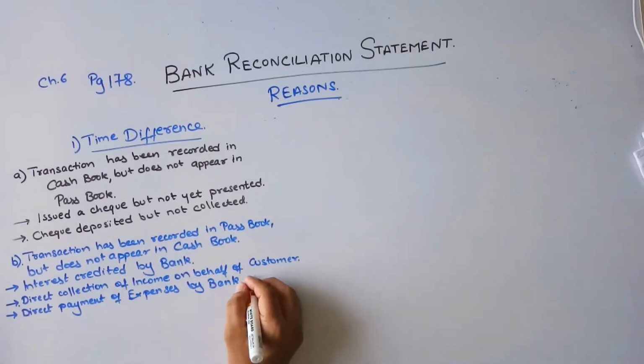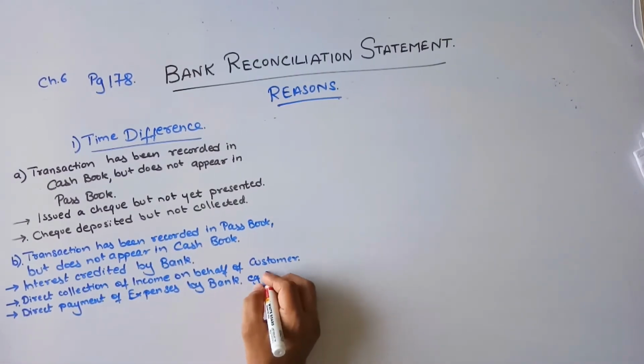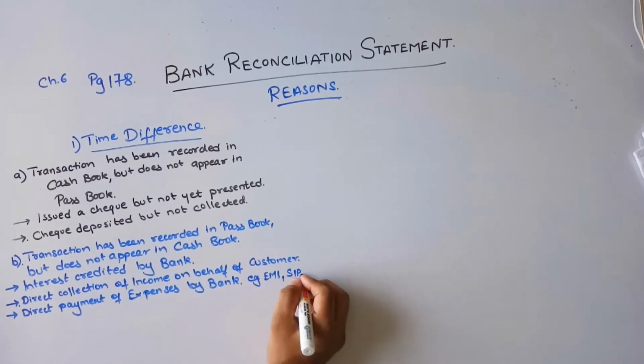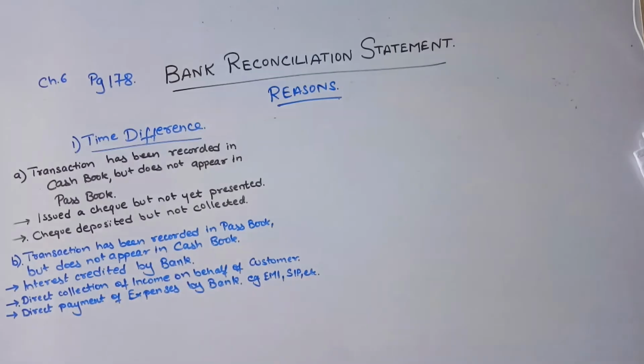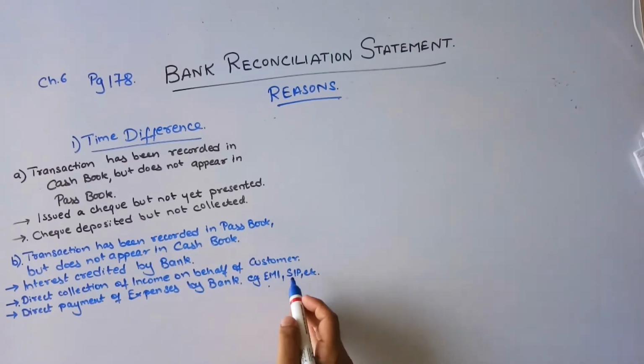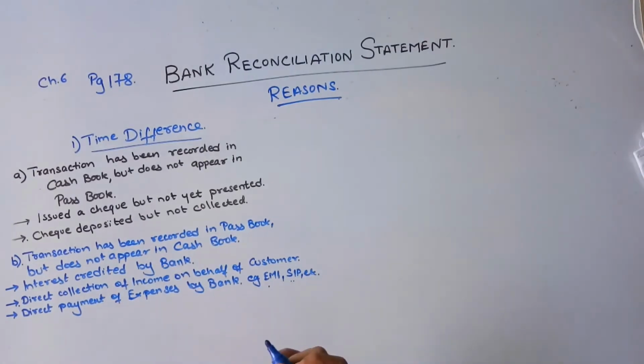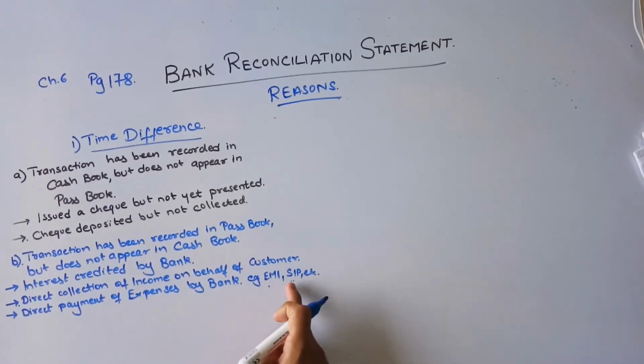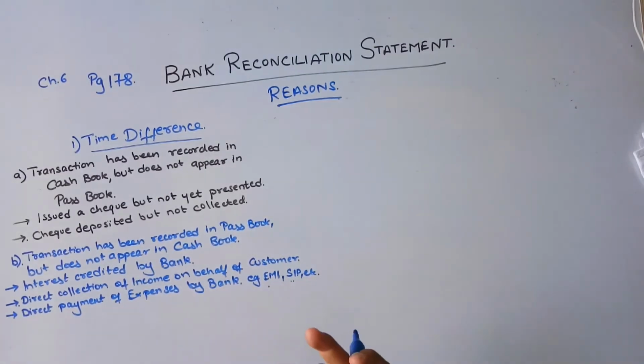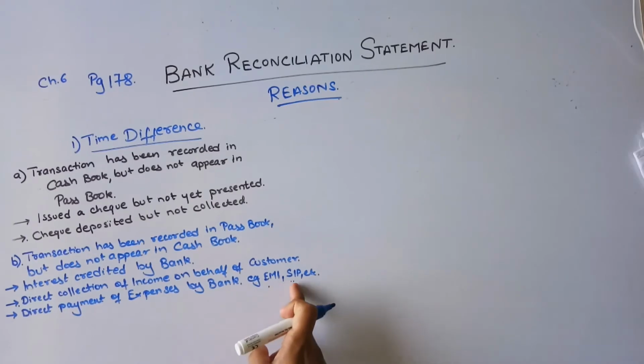Let's say, for example, you have your EMIs or your SIP investments in mutual funds. You have certain EMI for your car or your home loan which is being auto debited from your account. You have certain SIPs, that is systematic investment plans, into some mutual funds wherein the money automatically gets debited from your account every month, maybe on a particular 7th or 10th of every month.